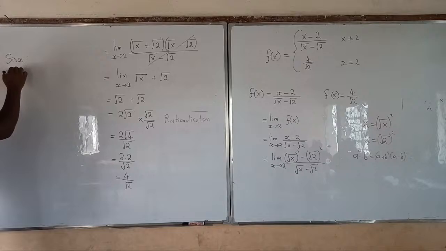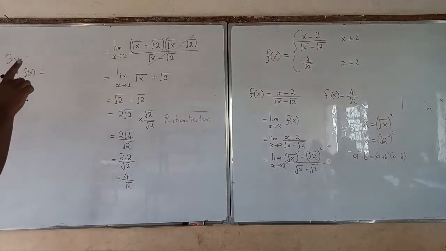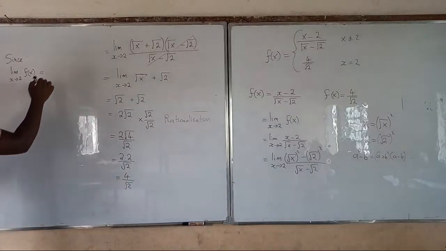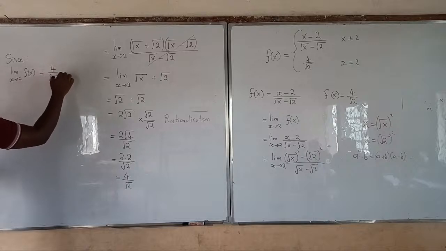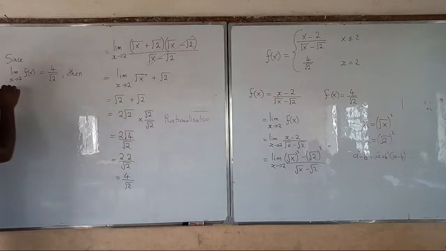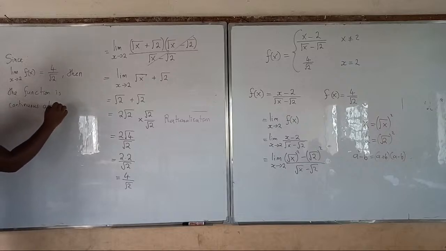Since the limit as x approaches 2 of f of x is equal to 4 over root 2, then the function is continuous at x equal to 2.